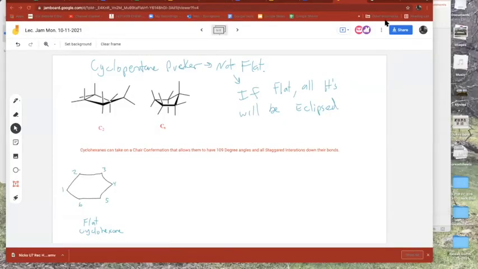Perfect. Yeah, thanks. Okay, I'm back to the flat cyclohexane here. See how I numbered around the ring? And then I'm going to turn this into the chair conformation. So here we go.